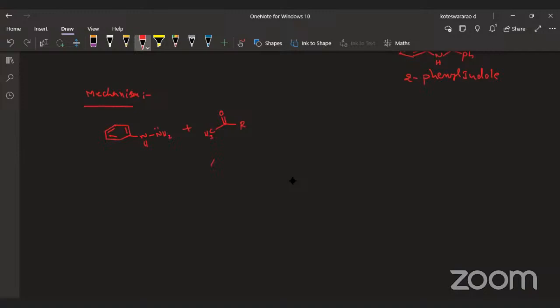Now the reaction starts with nucleophilic addition on the carbonyl carbon, then polarization of the pi bond in the presence of an acid, if there is any Lewis acid. It will be initiated.